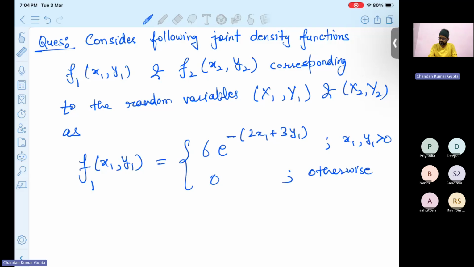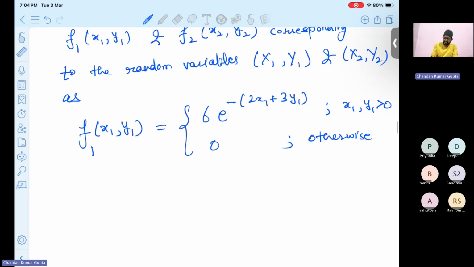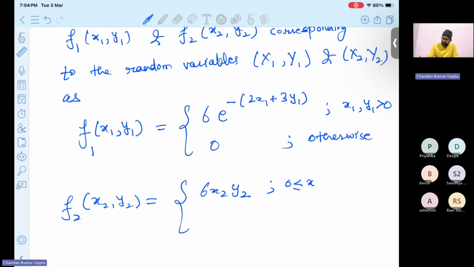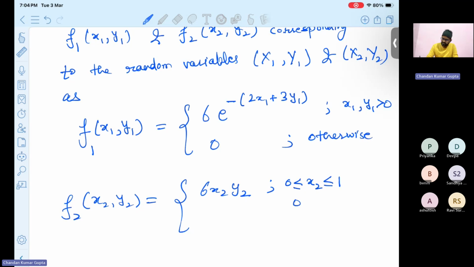The second distribution is f2 of x2, y2 equal to 6x2 y2, where x2 lies within 0 to 1, and y2 lies between 0 to root x2, and 0 otherwise.